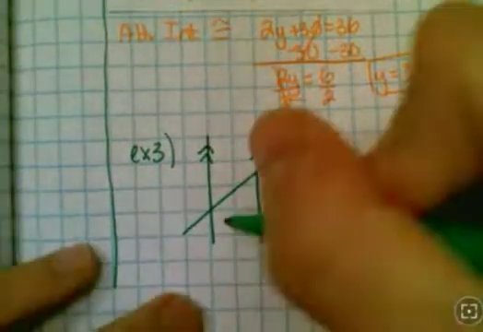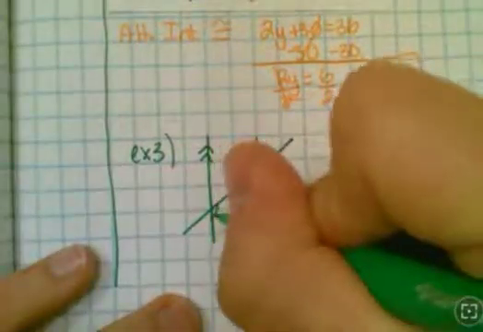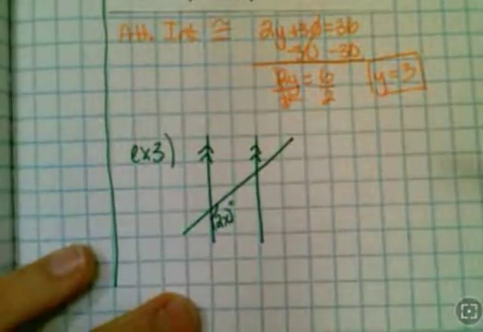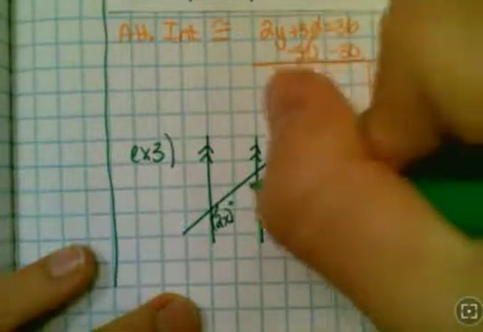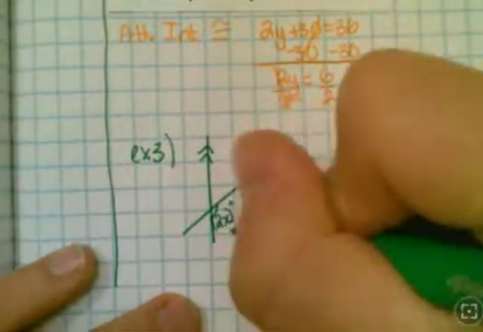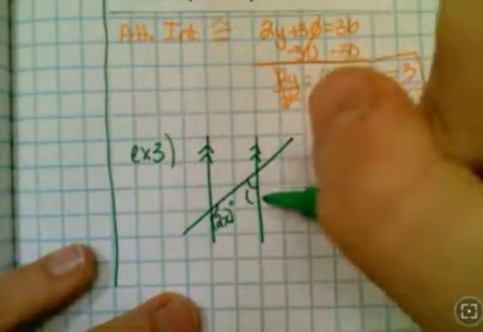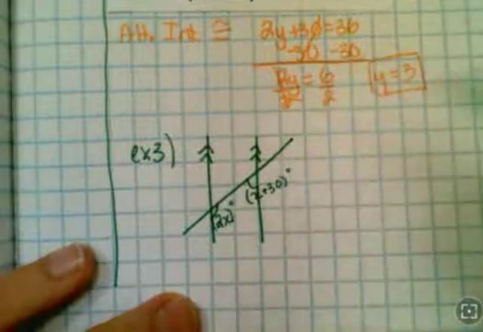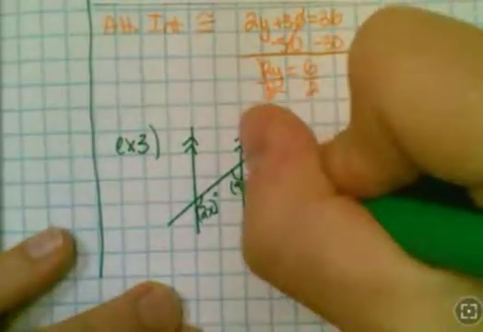And this time, I'm going to say that this angle here is 2x degrees. And this angle here is, let's see, x plus 30 degrees. I think that's going to work out.